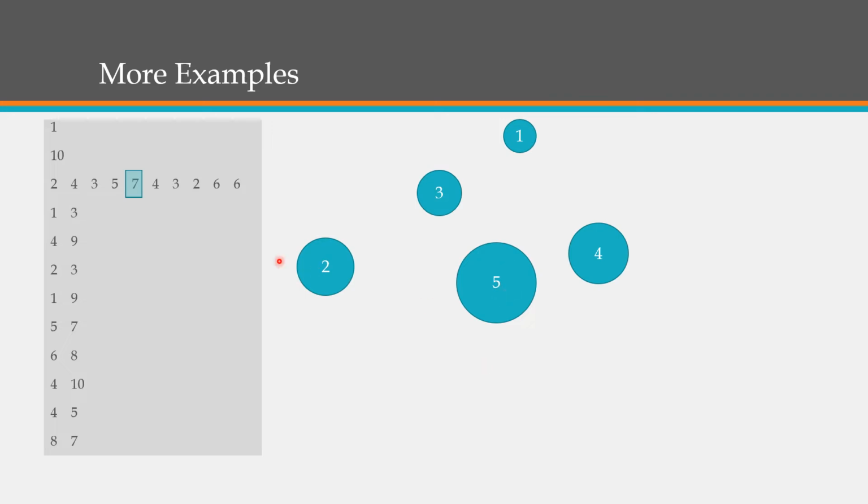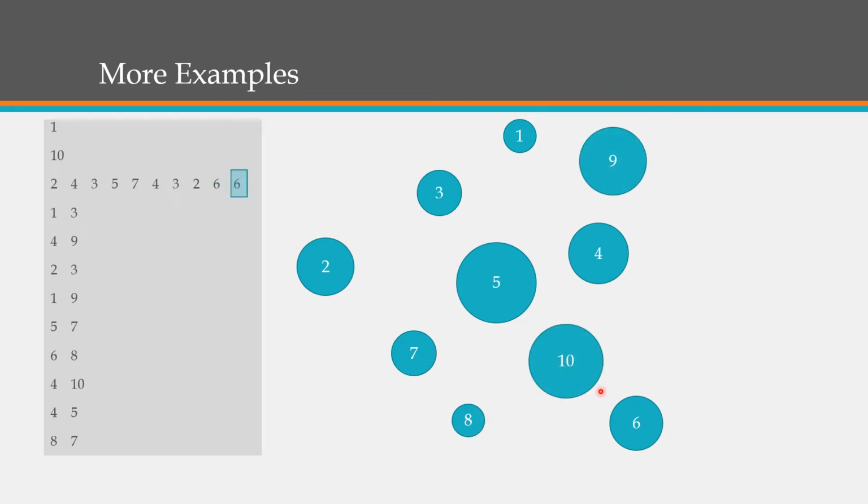This is the highest capacity. Then we have sixth junction with a capacity of 4, seventh junction with a capacity of 3, eighth junction with a capacity of 2, and 9 and 10 with a capacity of, sorry, 6.